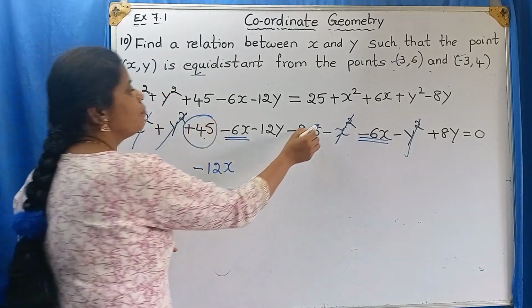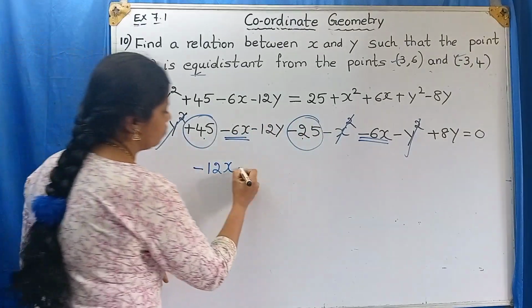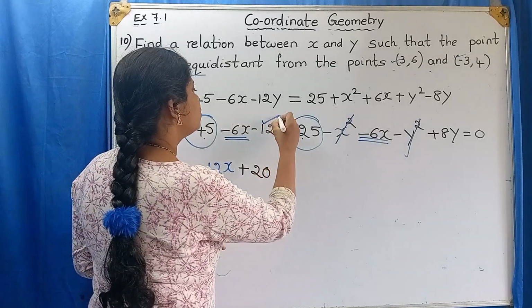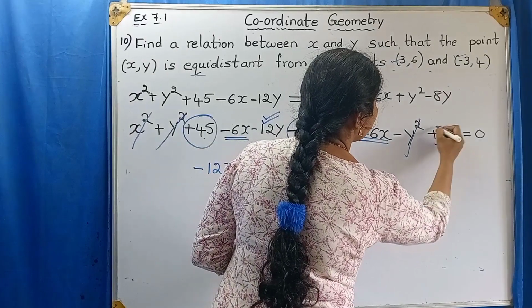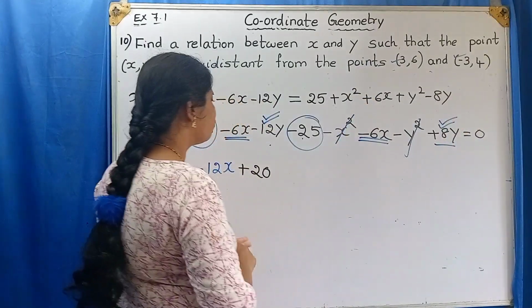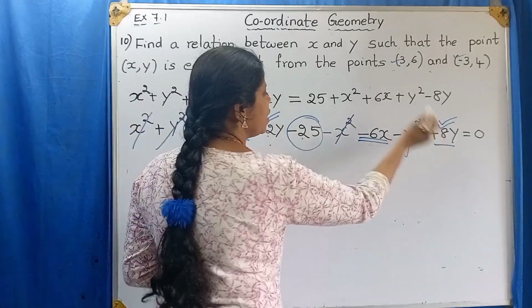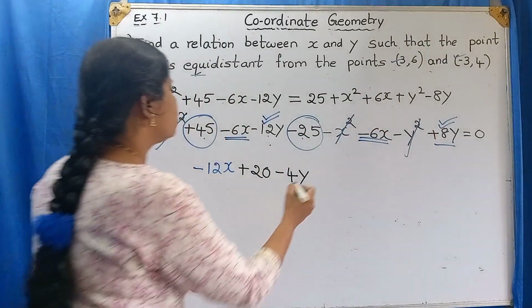Plus 45 minus 25 is how much? Plus 20. Now which is left? This one. Minus 12y plus 8y is how much? Minus 4y, isn't it? Minus 12y plus 8y is minus 4y is equal to 0.